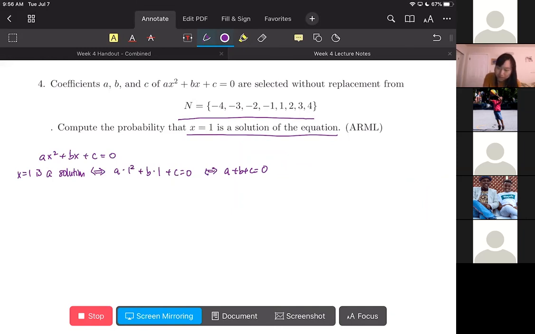So how many ways can I pick a, b, and c here? Like I was thinking, we could use the constants because the sum of the first two numbers might be canceled out by the constant c to provide 0. So if we put 2 and 1 there, we know we're putting -3 as our c to get 0.